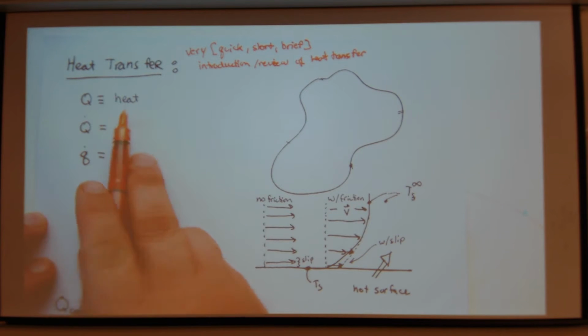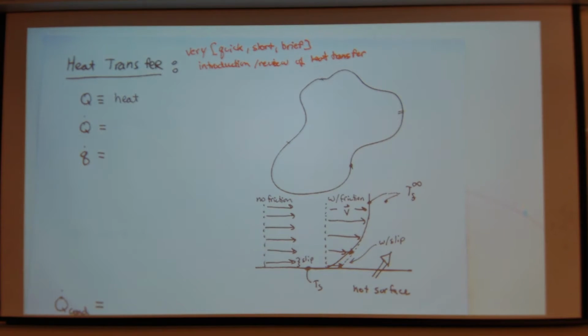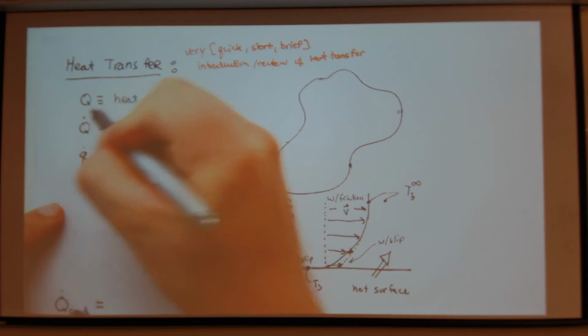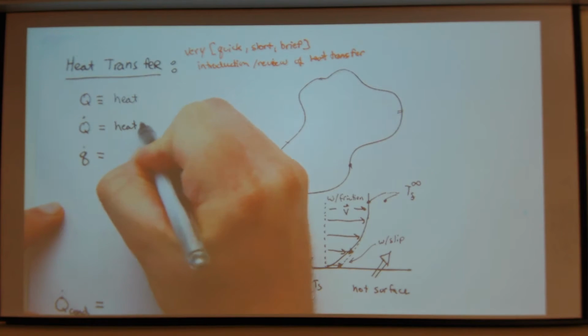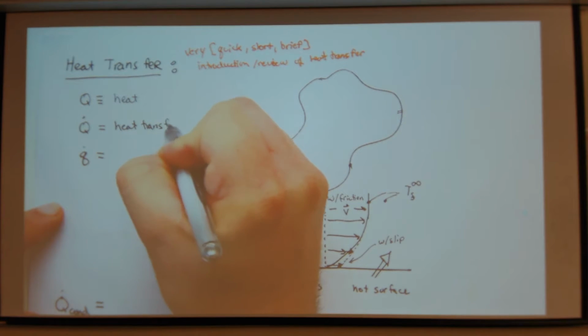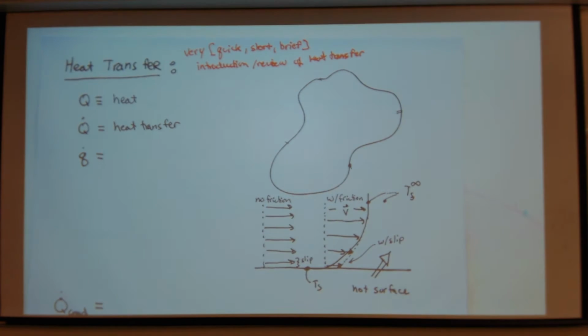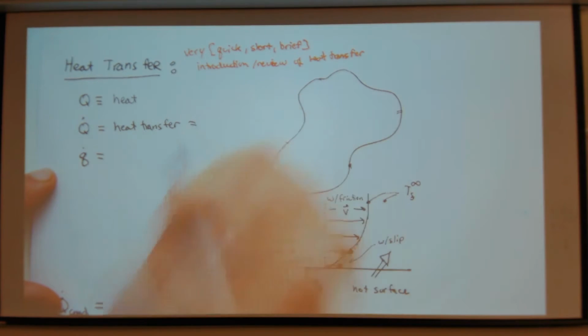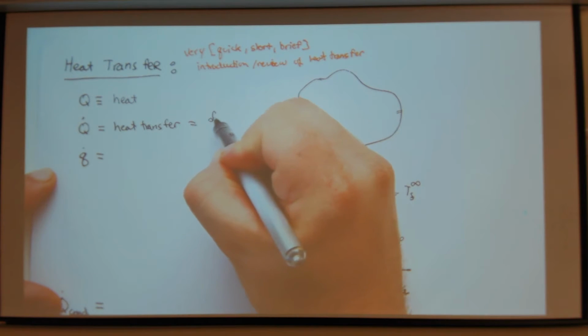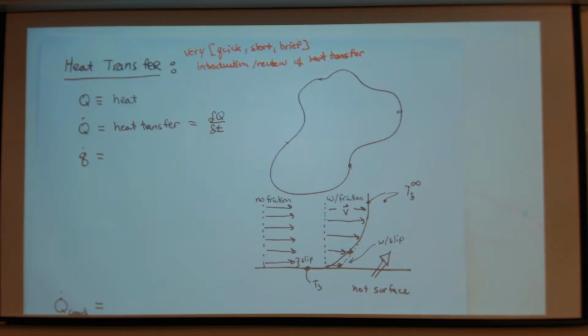But Q represents heat, and then if I put a dot above it, that represents heat transfer. And if I want to put it in differential notation, I have dQ/dt.